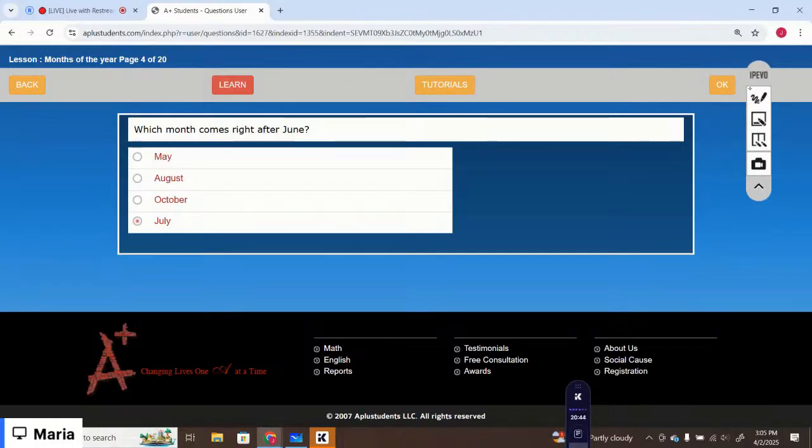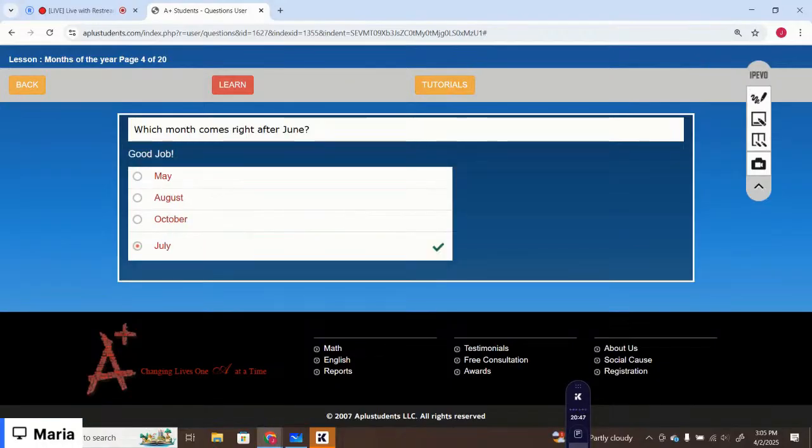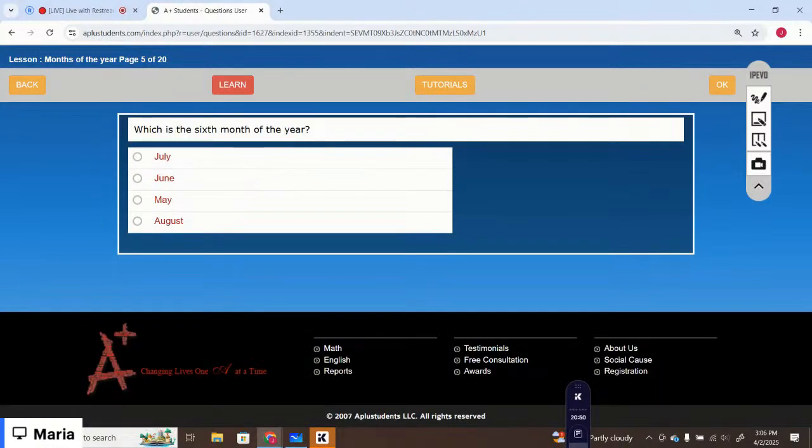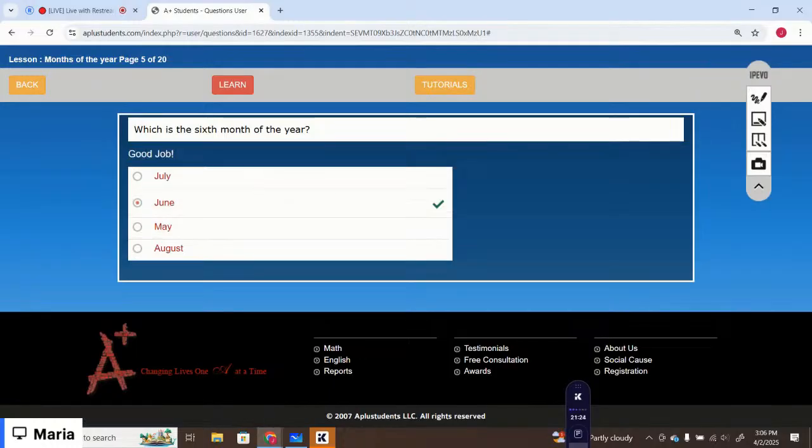Right after June, it is July. The correct option is July. Which is the sixth month of the year? The sixth month of the year is June. The correct option is June.